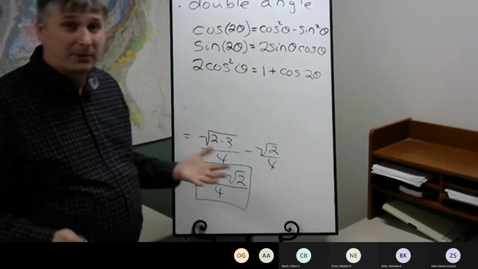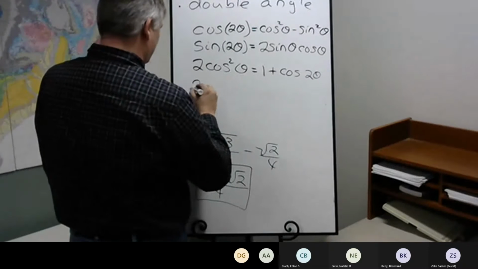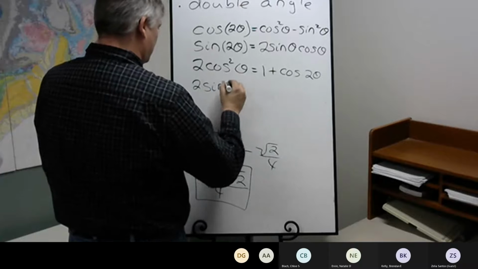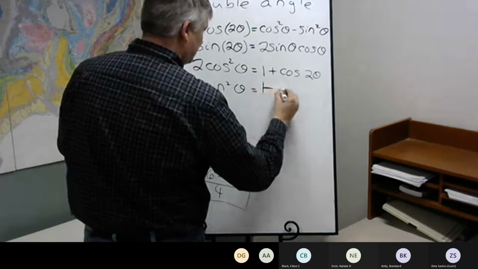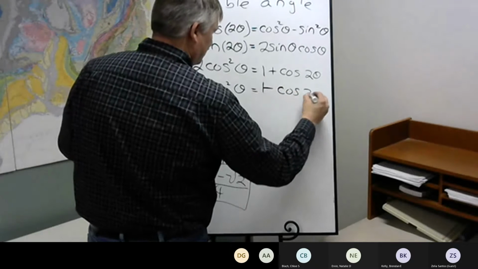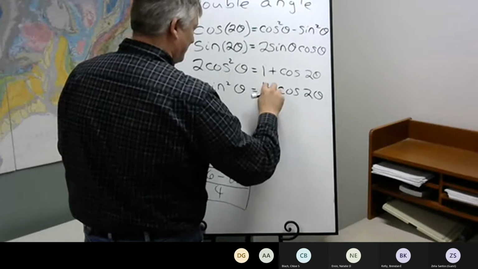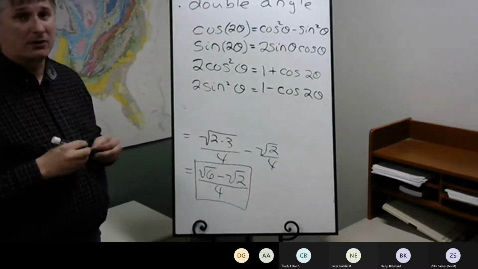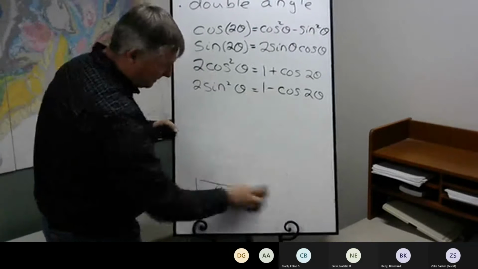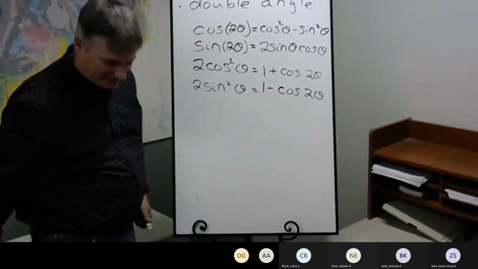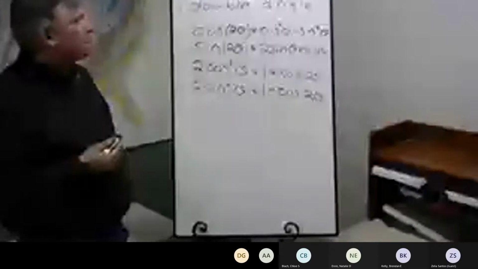Another one that's going to be helpful. And again, we're reducing the power on this thing, and that's going to be really helpful in calculus. So these are your double angle formulas.